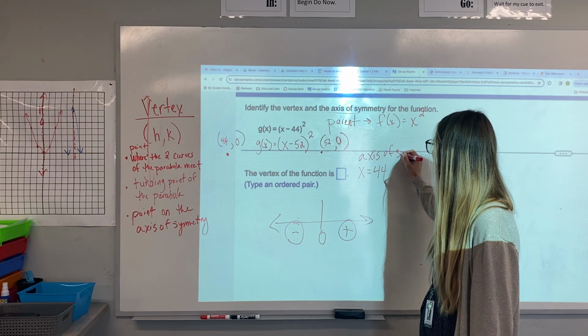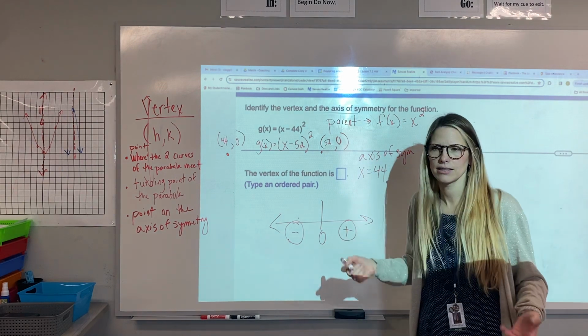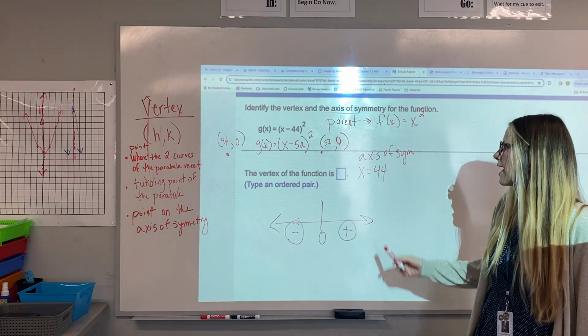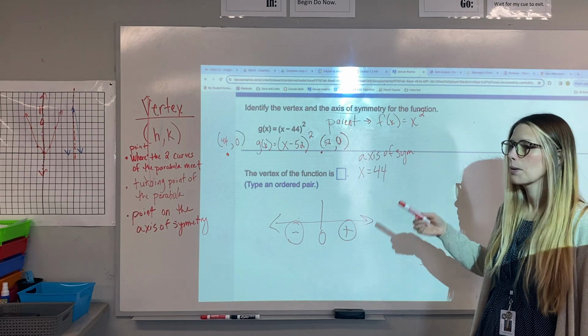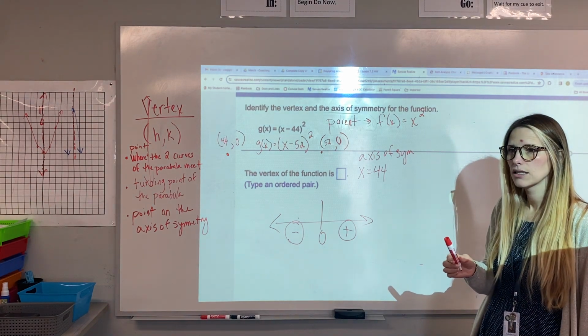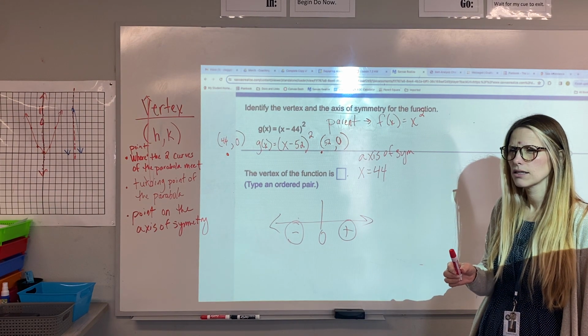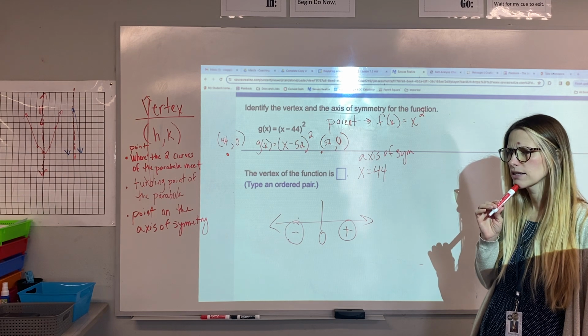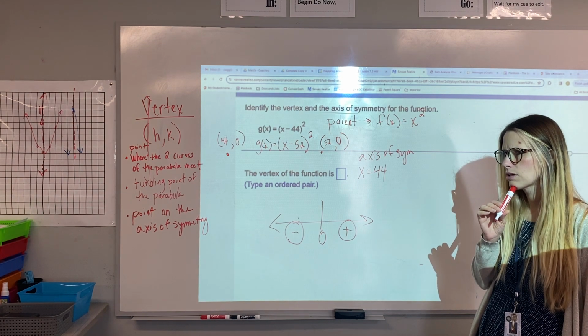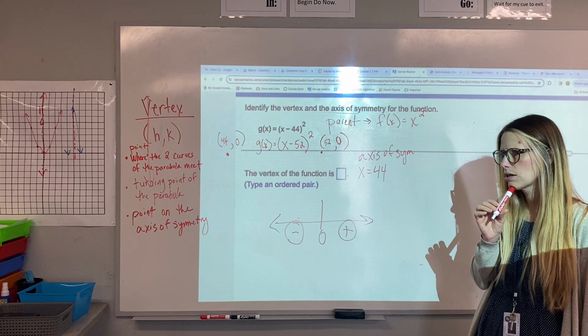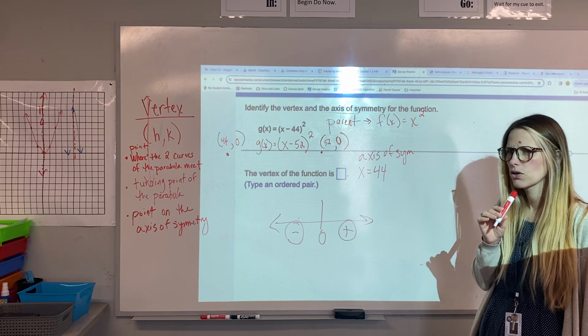How do we explain that in a sentence? We can say the axis of symmetry is x equals 44 because the vertex, the axis of symmetry, is equal to the y-axis. Not quite.